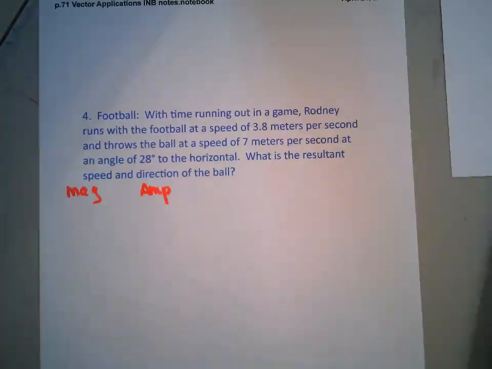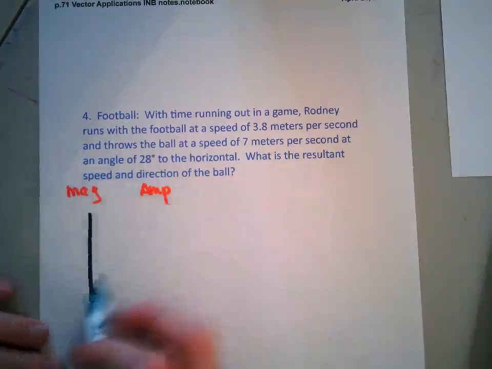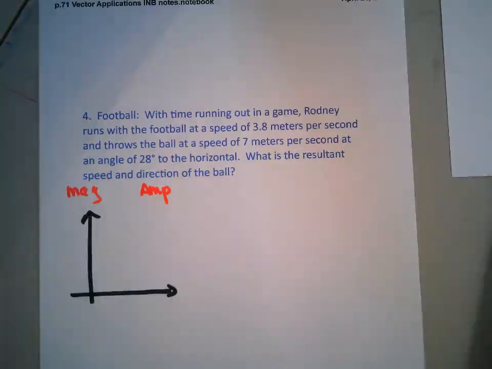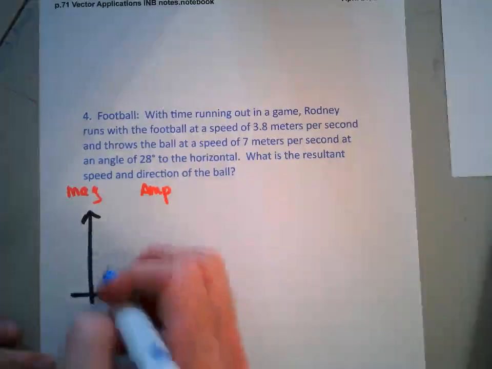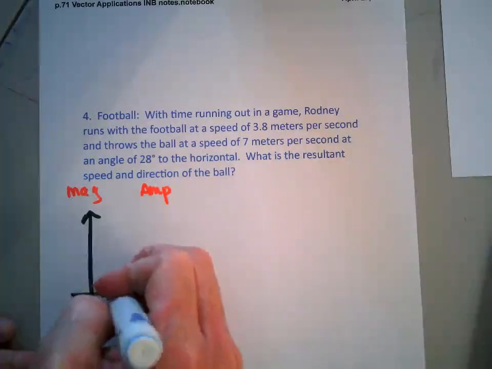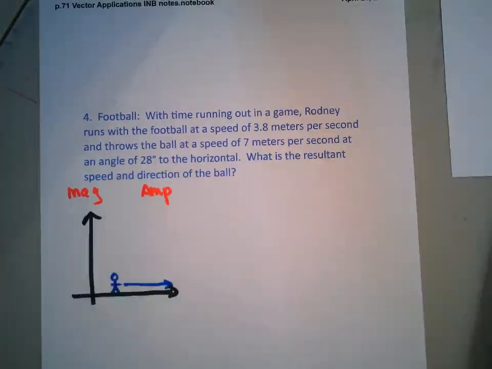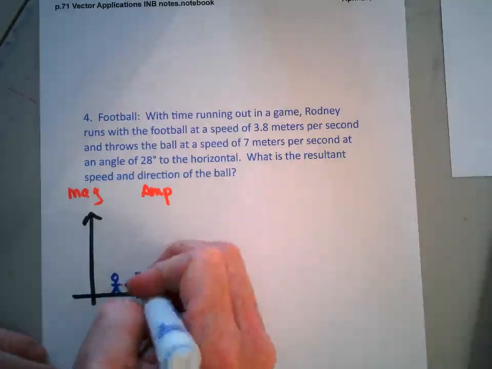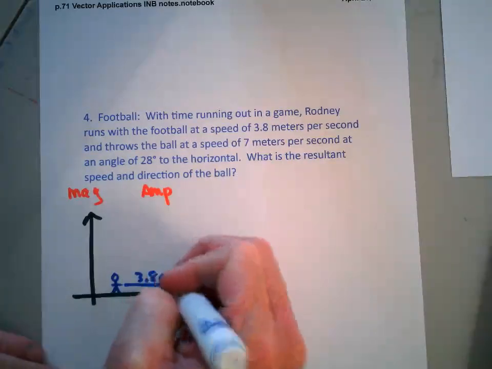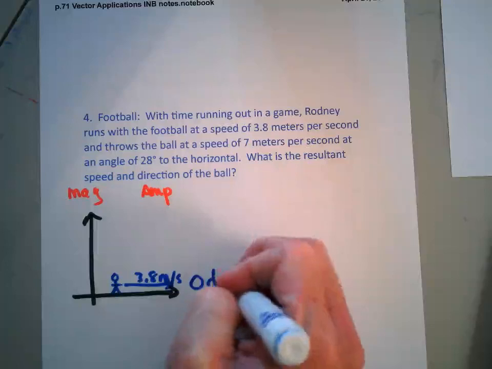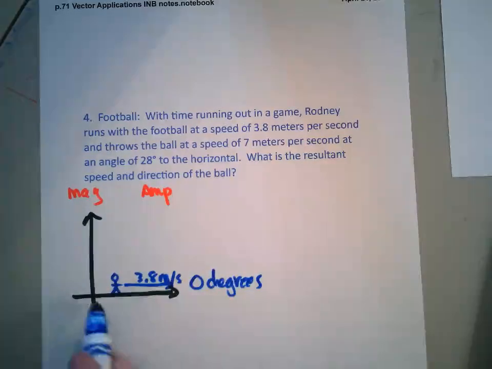So let me draw you a picture and show you what's going on. Rodney is running with the football this way. Rodney is running at 3.8 meters per second, and he is at 0 degrees because he's running along the field.